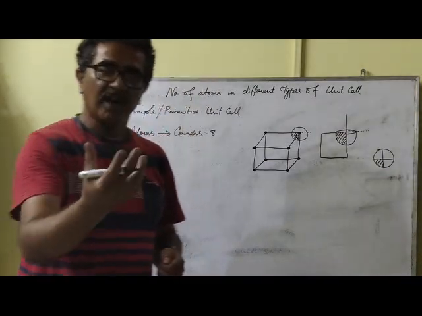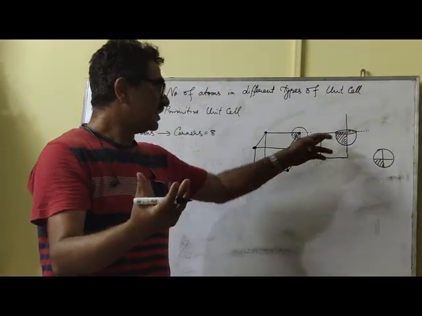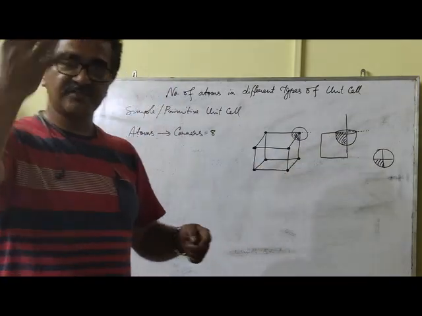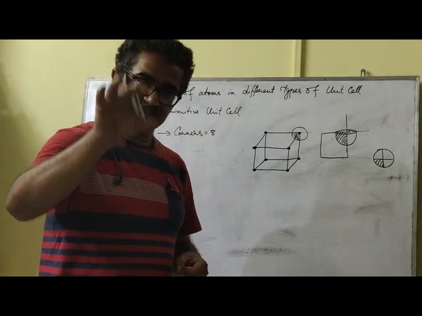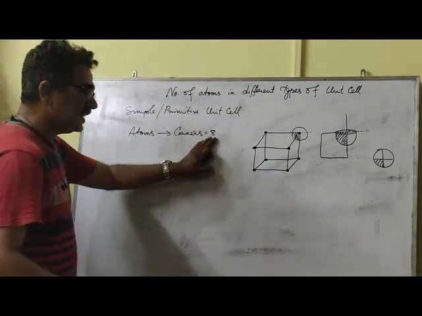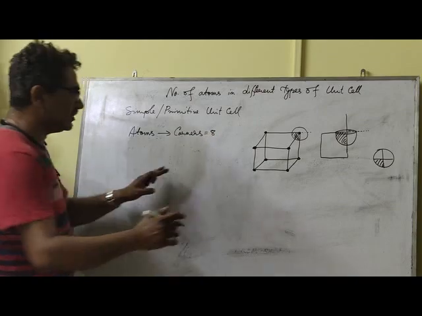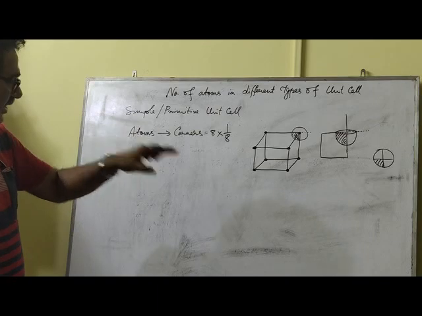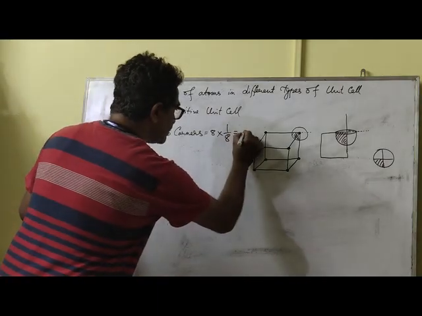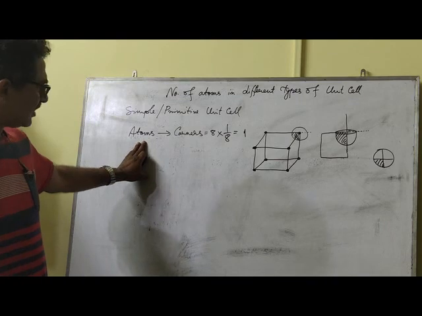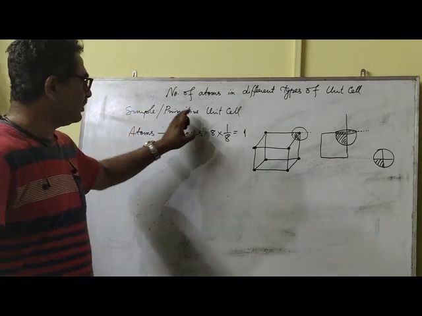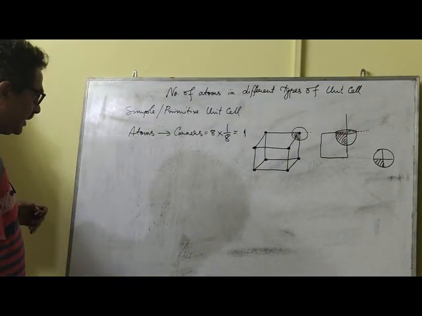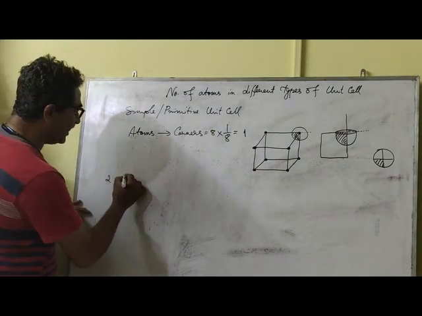So only 1/4 of half the sphere is inserted into the cube, and if you take the entire sphere, that means 1/8 part of the sphere is inside the cube. So we have 8 corners representing 8 atoms with only 1/8 part inside the cube. So how much do we get? 1. So in a simple or primitive unit cell, you have just 1 atom. Next, I'm going to talk about the face-centered unit cell.